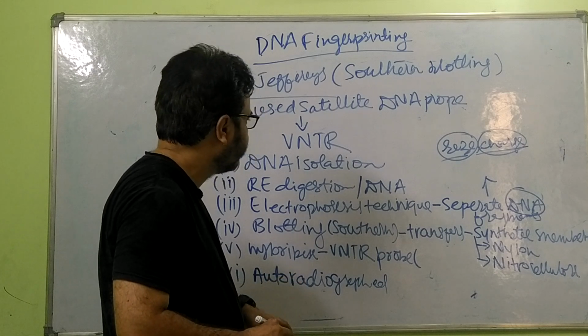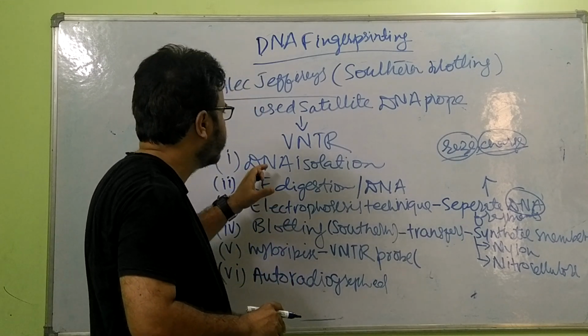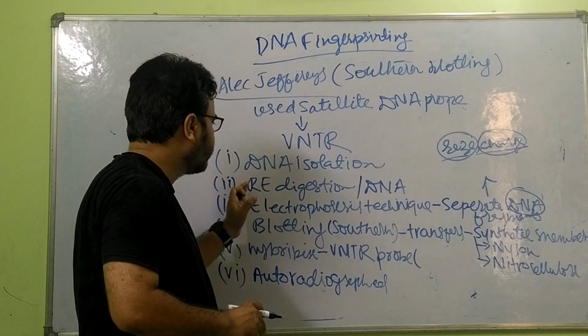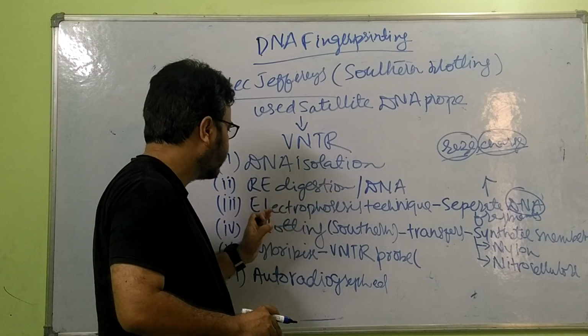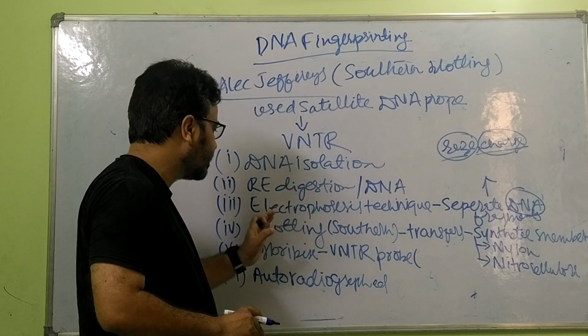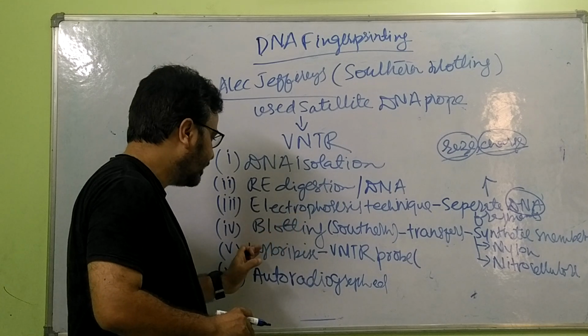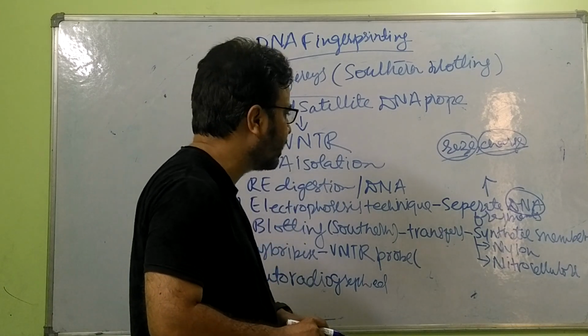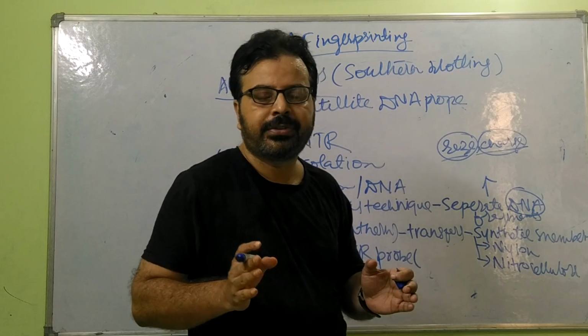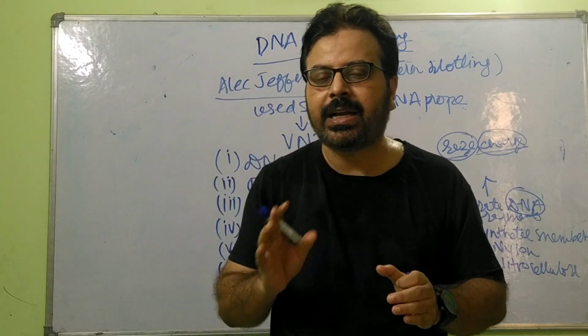Final step. So the first step was DNA isolation, next restriction endonuclease digestion, third the electrophoresis technique, then blotting, hybridization, and lastly autoradiography. Finally we get the radiograph where there are so many bands.